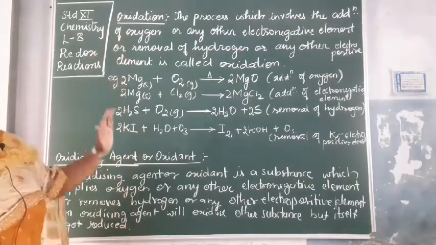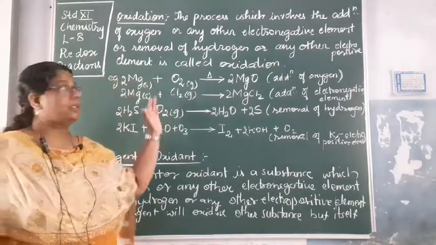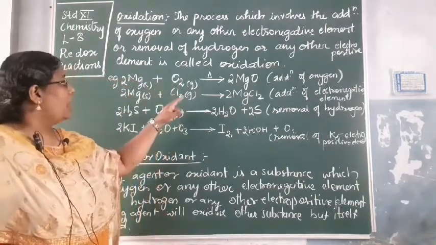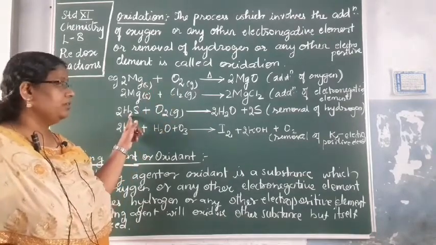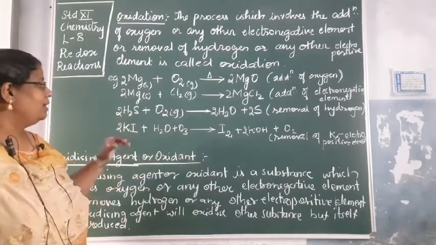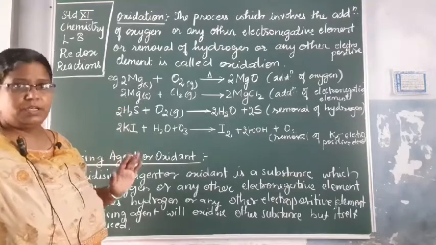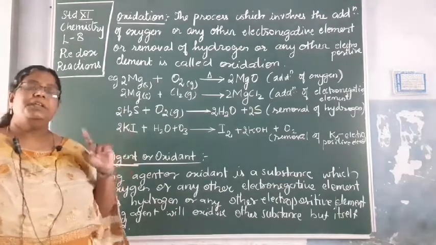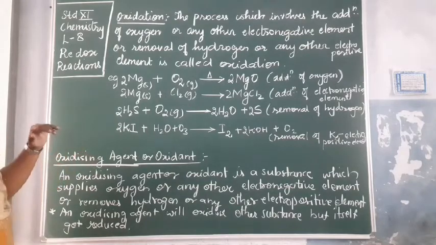Definition regarding oxidation. So oxidation means involving all these processes: addition of oxygen, addition of electronegative element, removal of hydrogen and removal of electropositive element. ठीक है, तो इस तरह से all these reactions will be considered as oxidation reaction. ठीक है. The next term which is associated with oxidation is oxidizing agent.